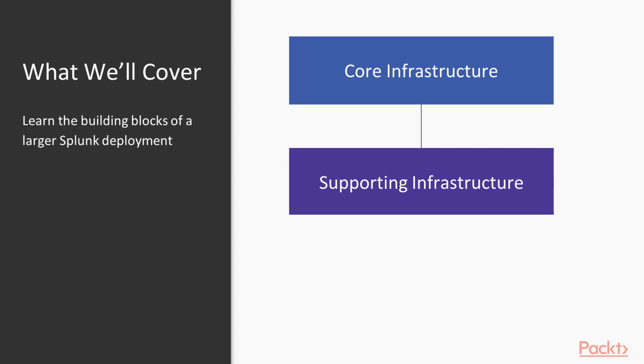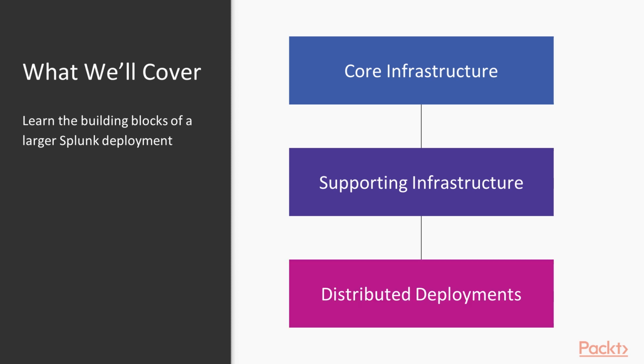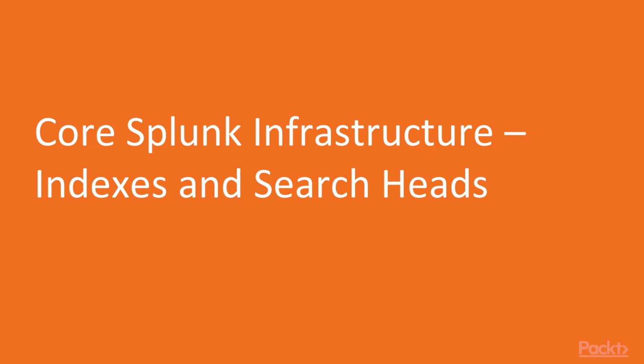These are things that aren't necessarily the core infrastructure components like the indexer or the search head, but they will be parts that are very useful to accomplish other administration or supporting tasks within Splunk. And to wrap this all together under one umbrella, we'll look at distributed environments, how all these work together to accomplish something.